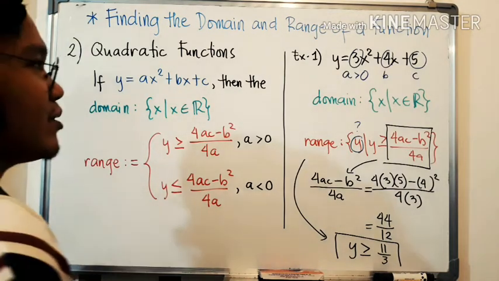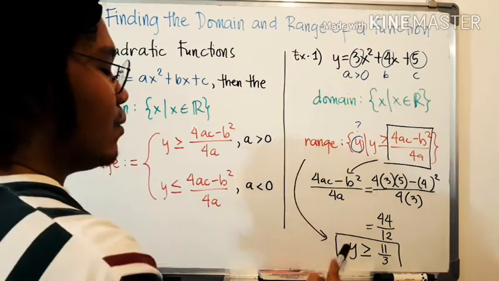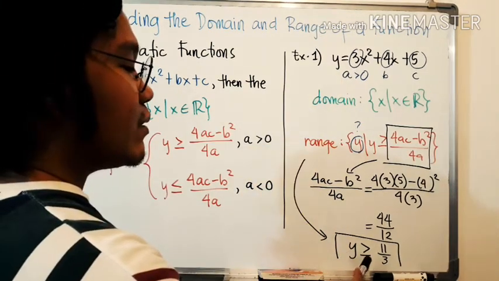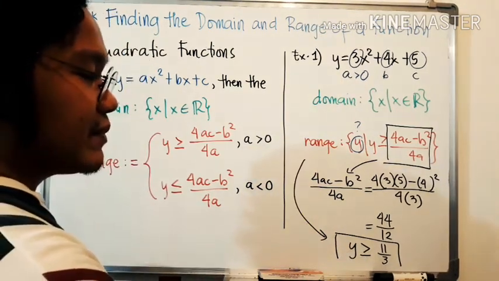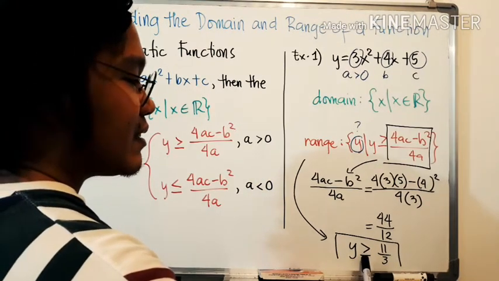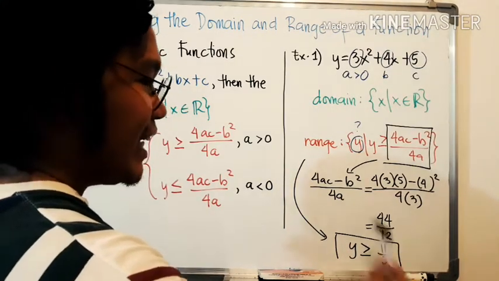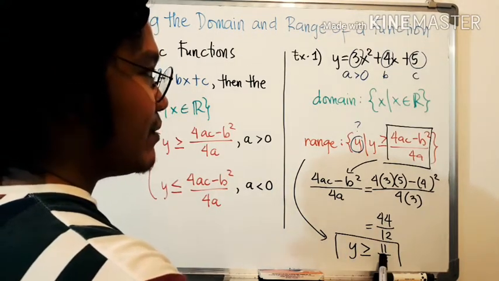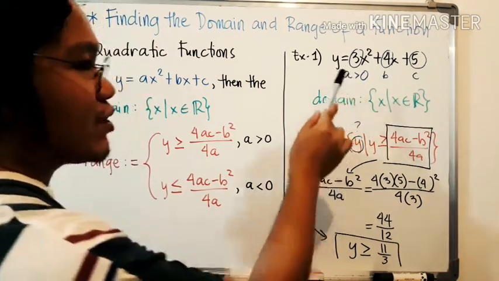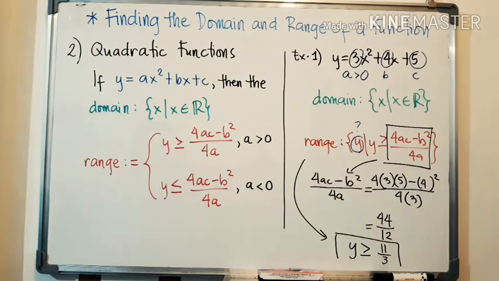Meaning, this quadratic function is defined only for all y's greater than or equal to 11 over 3. Okay, if our y is less than 11 over 3, for any values of y less than 11 over 3, our quadratic function is not defined and is not real. So that's it with finding the domain and range of a quadratic function.